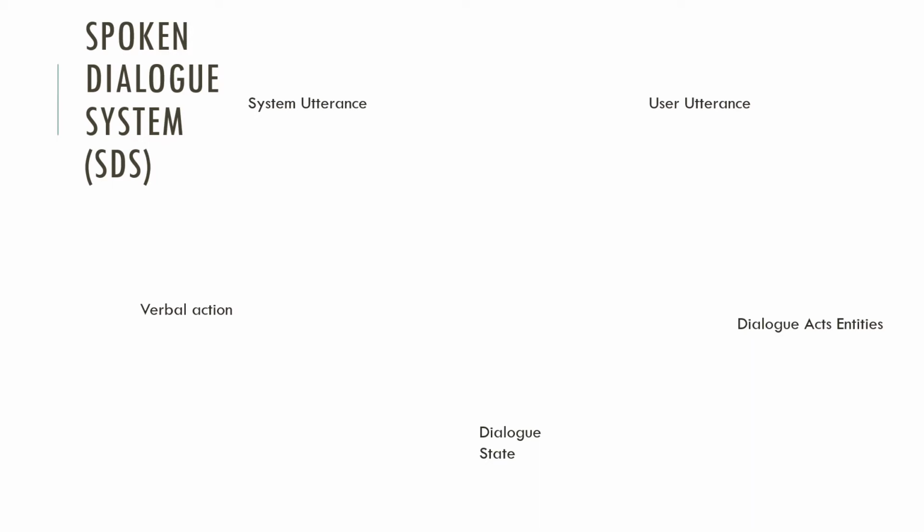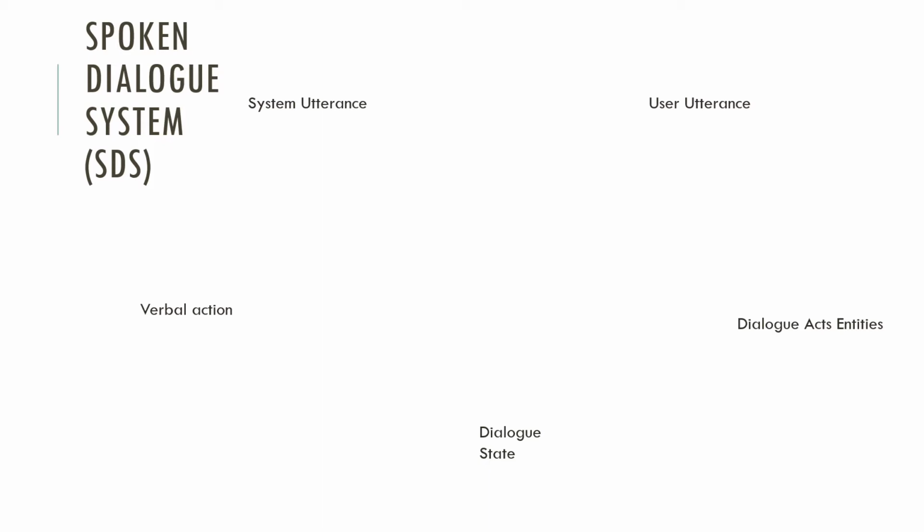So a spoken dialogue system consists of 5 parts. It's essentially a way that a user can interface with a system and receive a response after inputting natural language input.